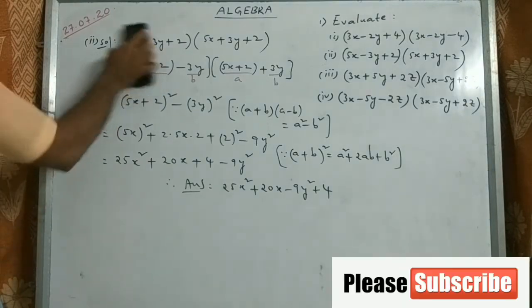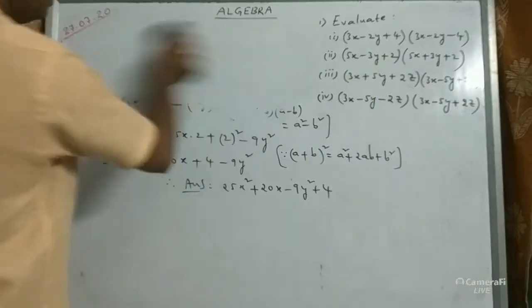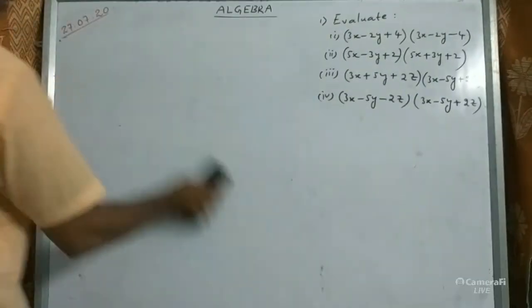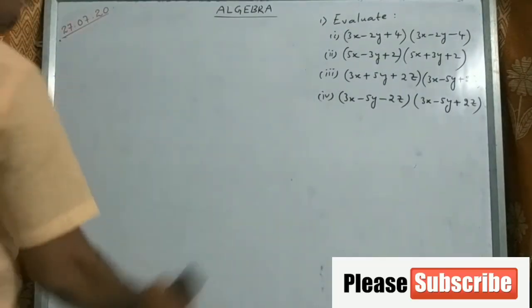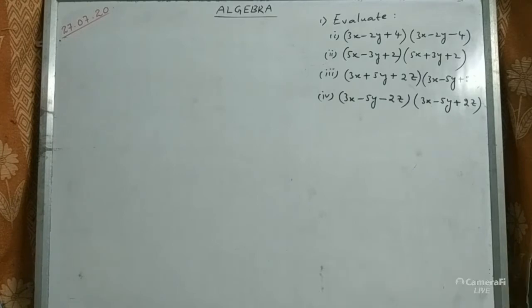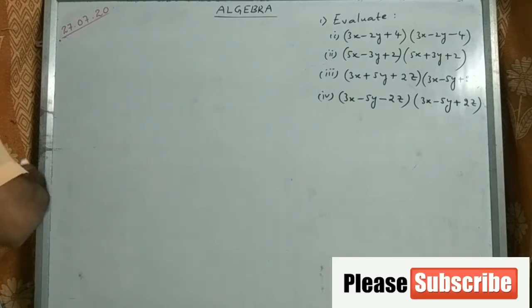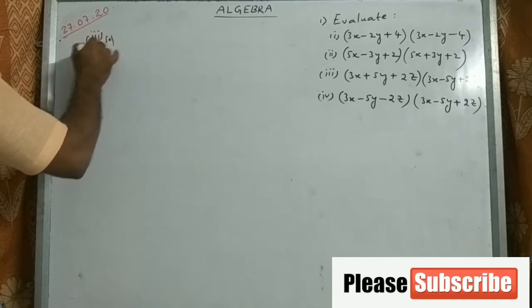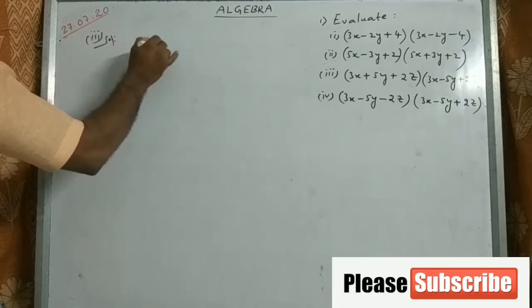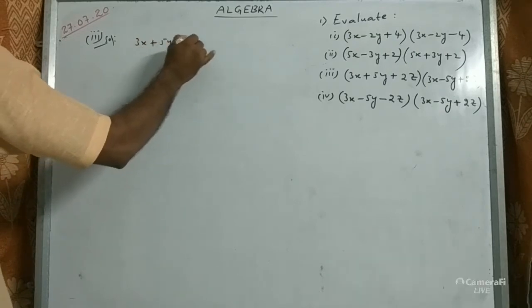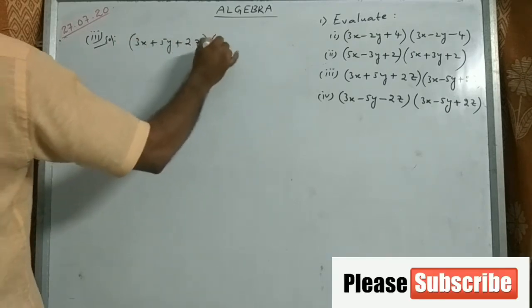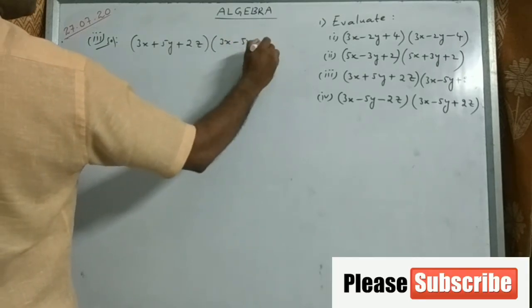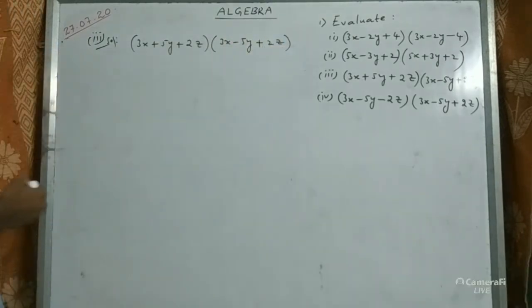Let us see the third one. Same model. Third one: (3x + 5y + 2z)(3x - 5y + 2z).